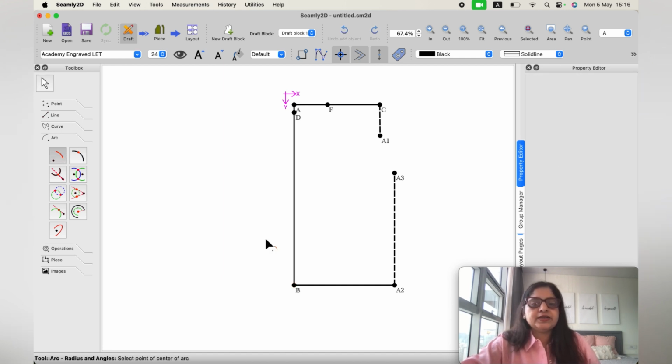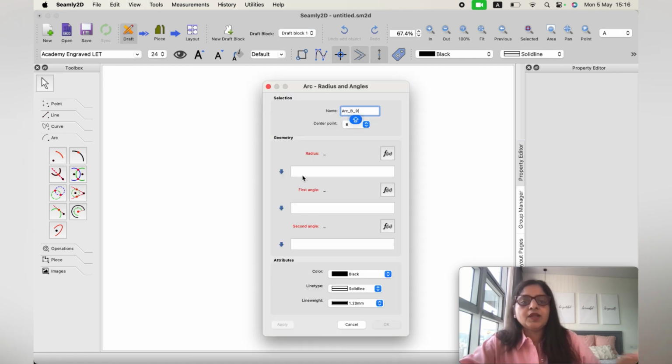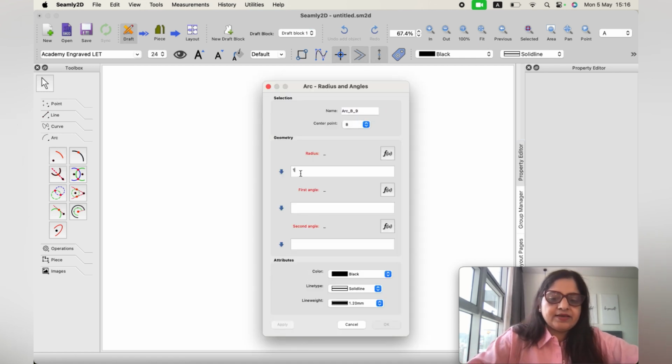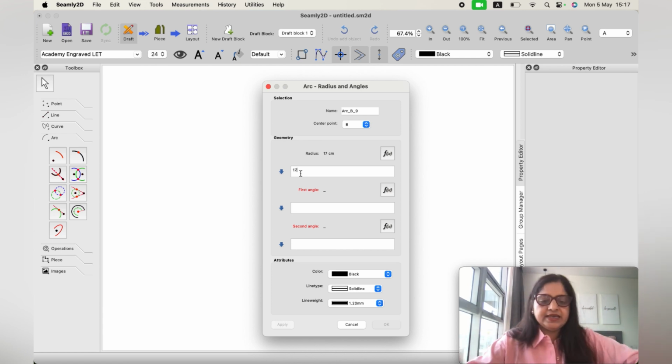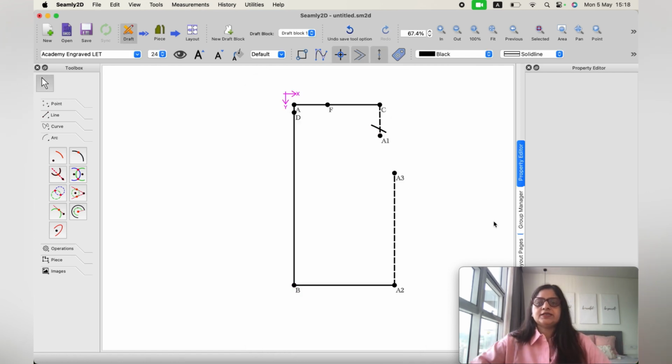I'll need an arc which will start from here, with radius 17 inches plus 1/8 inch.